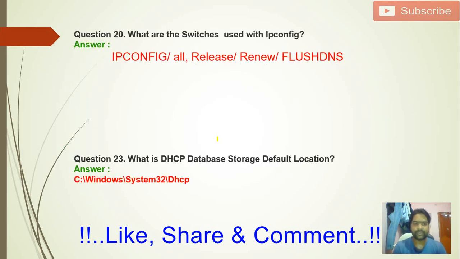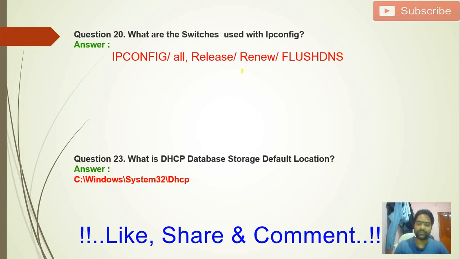Next question guys, question 20, what are the switches used with ipconfig? What all commands can you use? For example, ipconfig /all, /release, /renew and /flushdns. These are the very basic commands or utilities you need to use at the time of troubleshooting.